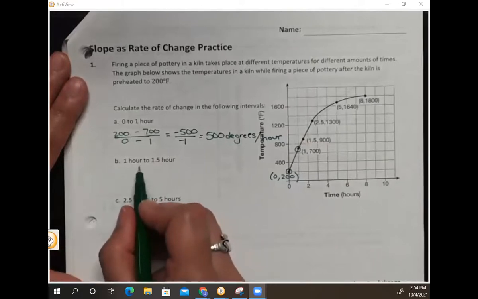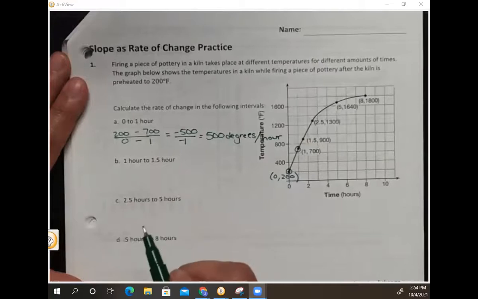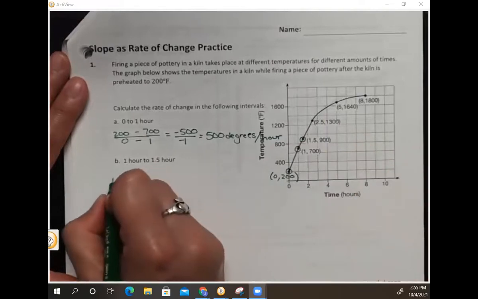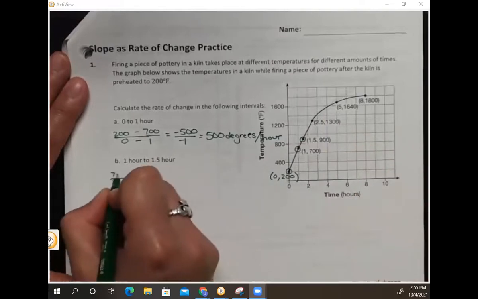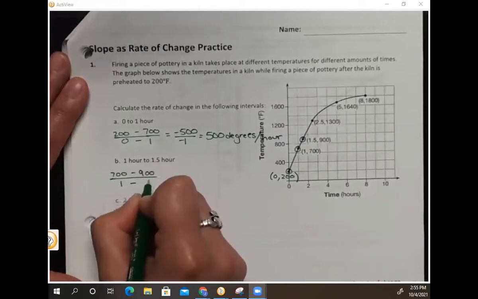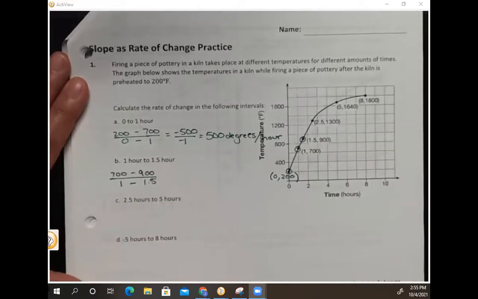For B, same idea. This time I've only got a half an hour stretch. That's okay. So from hour 1 to hour 1.5, I'm going to set it up the same way. 700 over 1 minus 900 over 1.5.